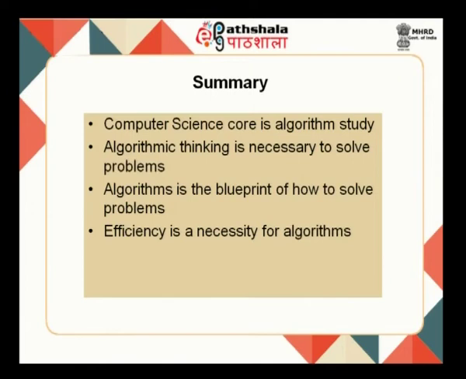Computer science primarily deals with algorithms and their realizations. Algorithmic thinking is necessary to solve problems, because a computer science professional is supposed to write lots of programs for satisfying the requirements of the customer or a third person.